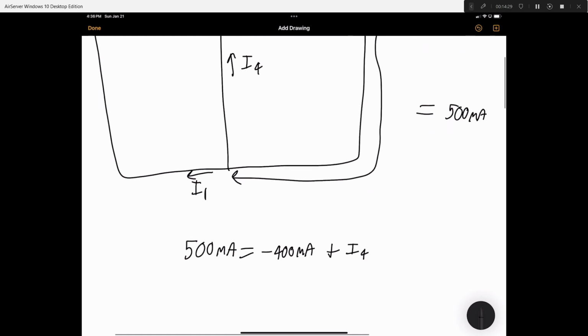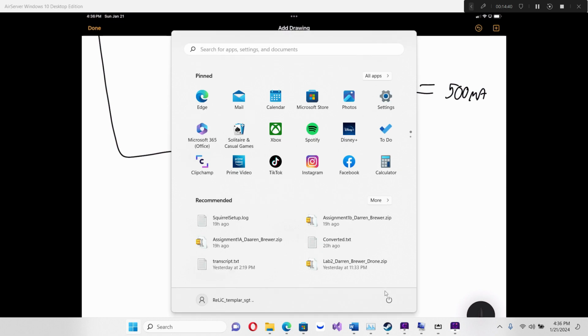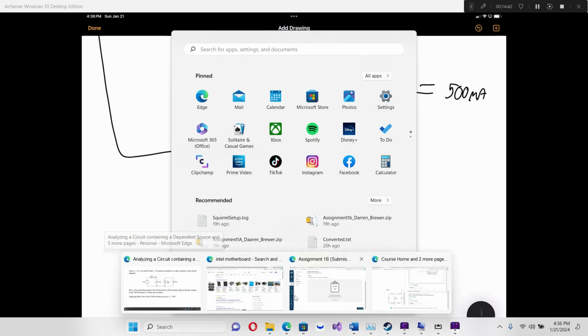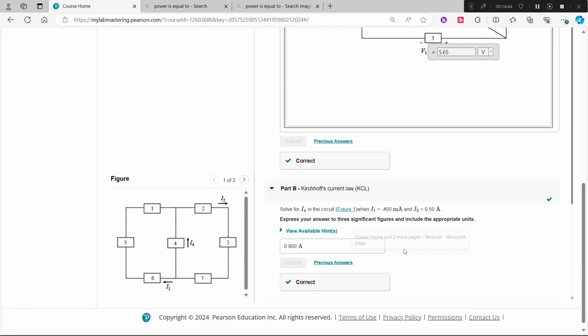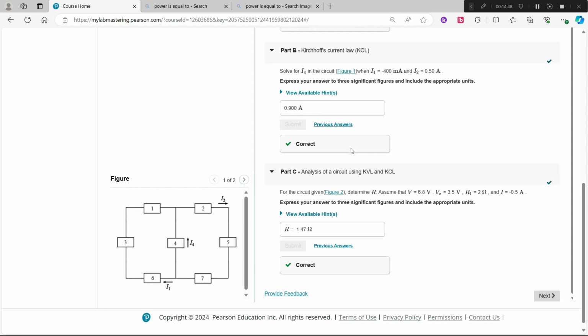So we need to find I4. So plus 400 over, 900 milliamps is equal to I4. And this will make the law valid. 900 milliamps right here. See? Matches up with the numbers we know. We convert it, 3 over, and we get 0.9. So let's go to the next one.